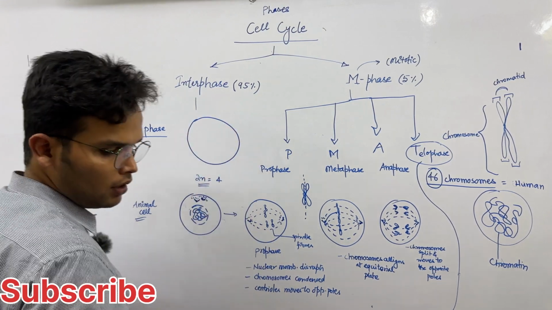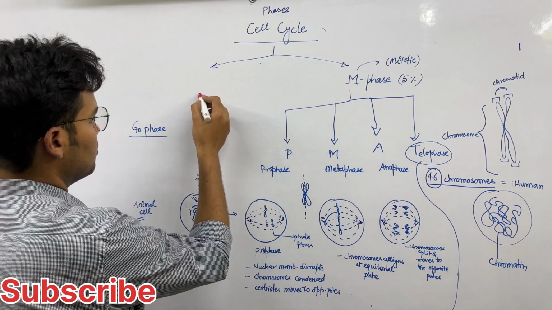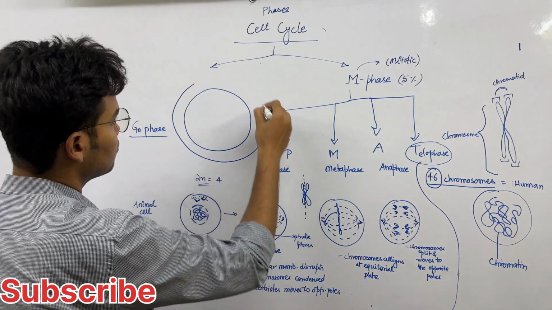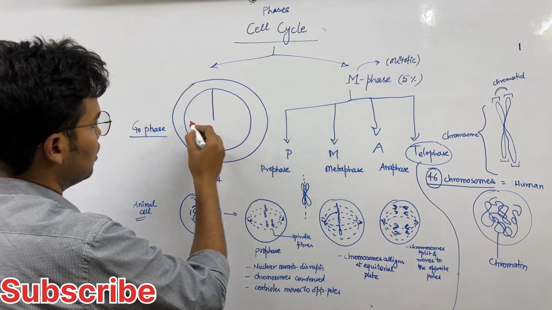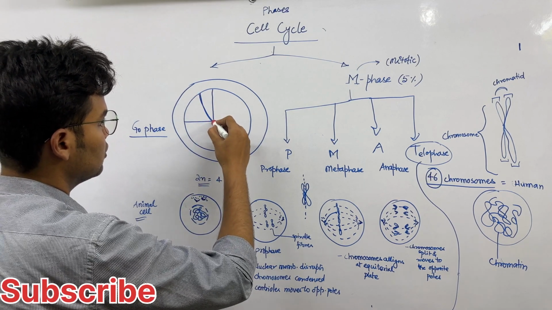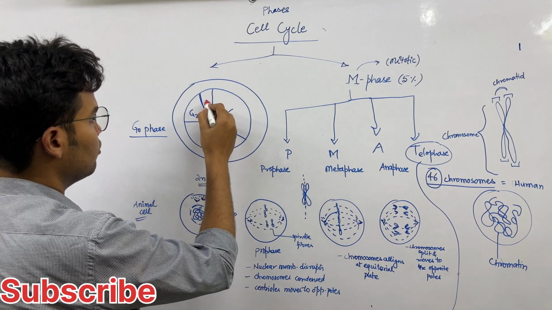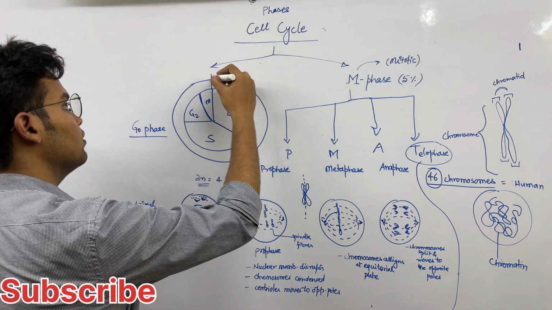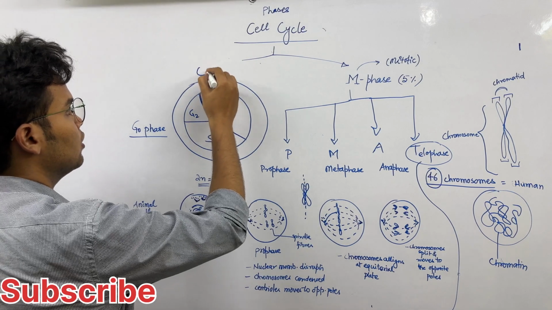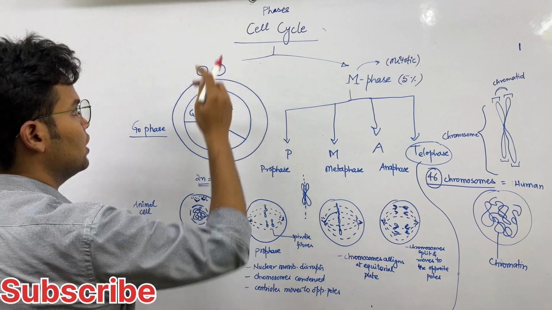Again we are forming this cell cycle. Let's suppose that was our cell cycle. That was G1, that was S, that was G2, and that was M. At this point, two new cells are formed. These are called daughter cells, and they must have equal size.